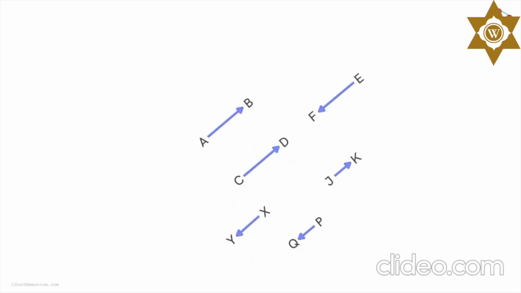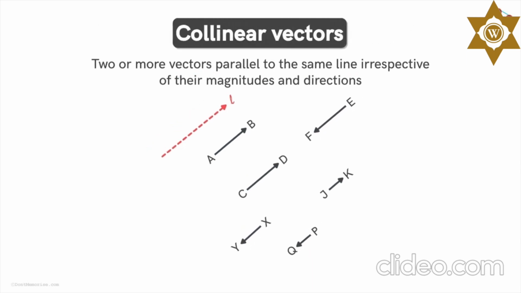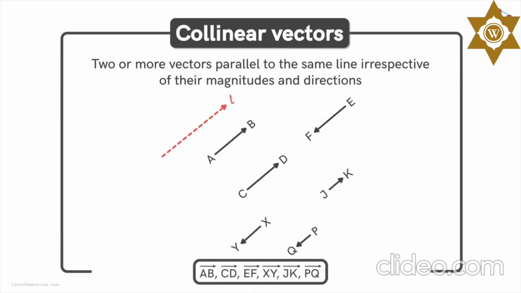Here, they're all parallel to each other, or we can say that they are parallel to this line. If two or more vectors are parallel to the same line, even though they have different magnitudes and directions, they are called collinear vectors. Thus, all these vectors are collinear vectors.